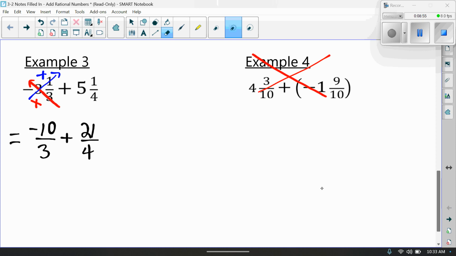So, with 3 and 4, what is the common denominator? What number can 3 and 4 both be divided into? 12. Good job. So, how do I make 3 into 12? Multiply by 4, right? This is how we're going to show our work.